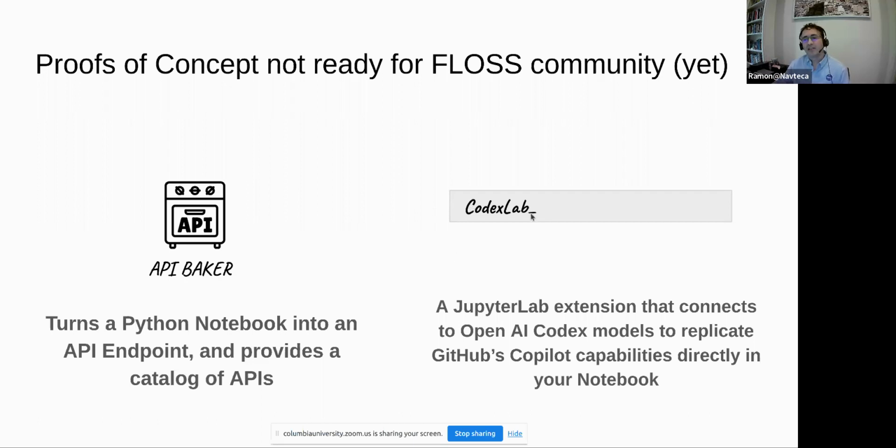And then we have Codex Lab, an experimental proof of concept where we have integrated the capabilities of GitHub Copilot into the notebook. You can put in comments and it will create code for you, or you can do autocomplete and things like that. Anyway, I'll show you.